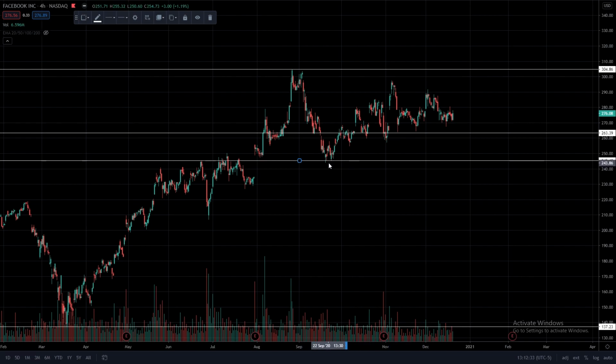As you can see, this acted as support here, here, here, multiple times. And then also another rule is that places of support and resistance, when the resistance is broken, they often act as support again. So as you can see, this first acted as resistance right here, this 245 level, and once it was broken, it came back and it is now used as support. So that's also a really good spot that we can use.